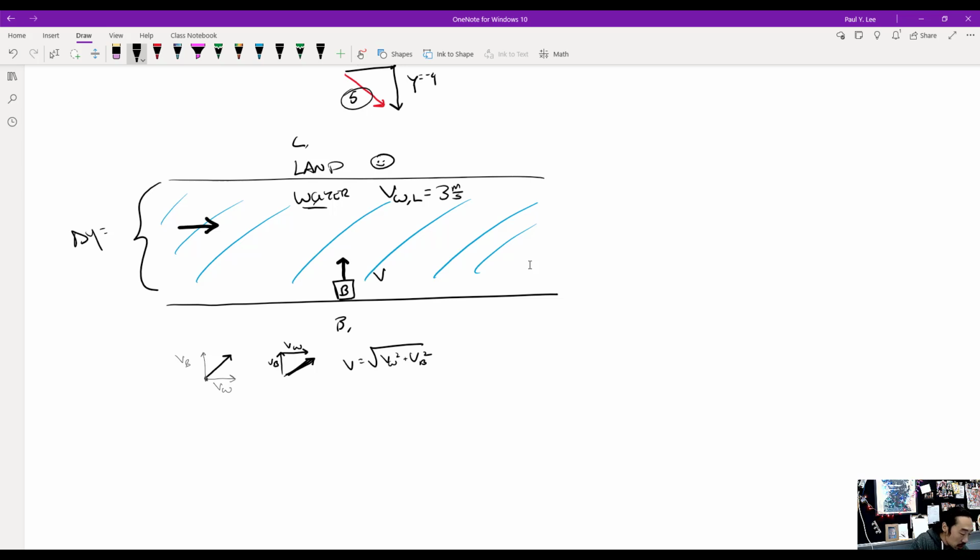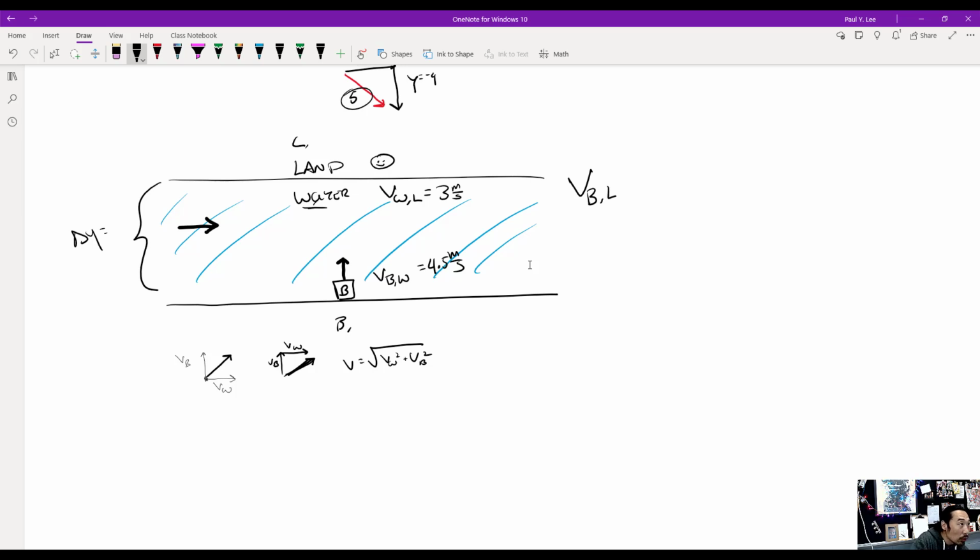Let's say the velocity of the boat according to the water is 4.5 meters per second, going vertically. This is to say that if we pretend the water is still, the boat would just be moving upwards at 4.5, the speed of the boat. So the question is, according to these two frames of reference, what is the velocity of the boat according to the land?